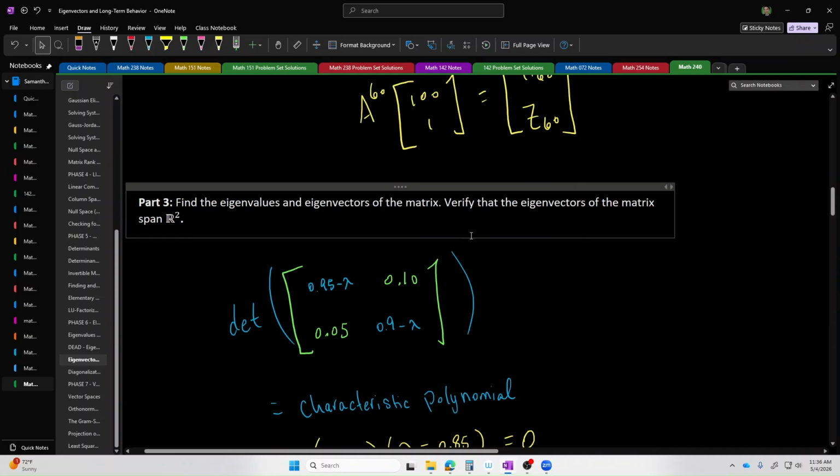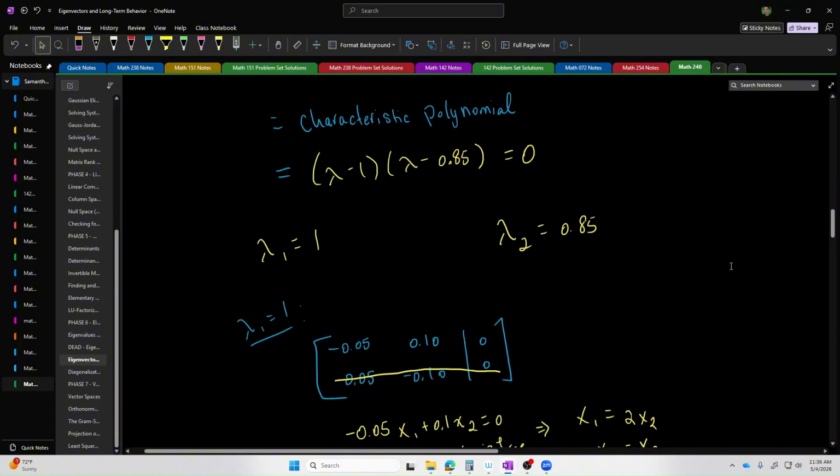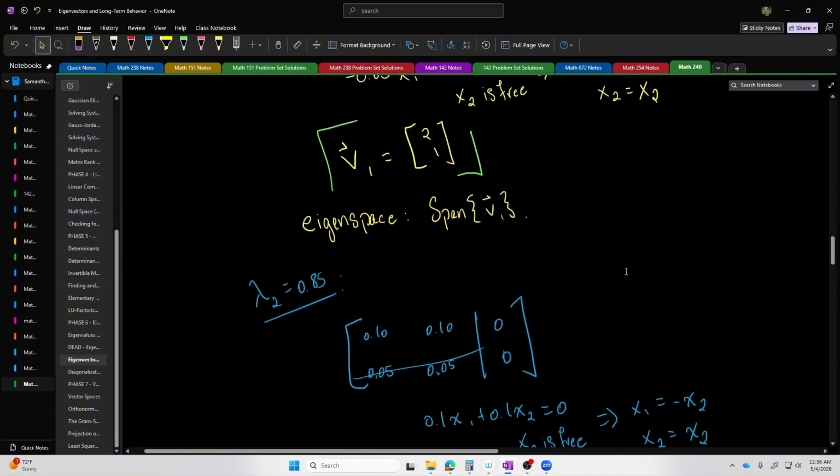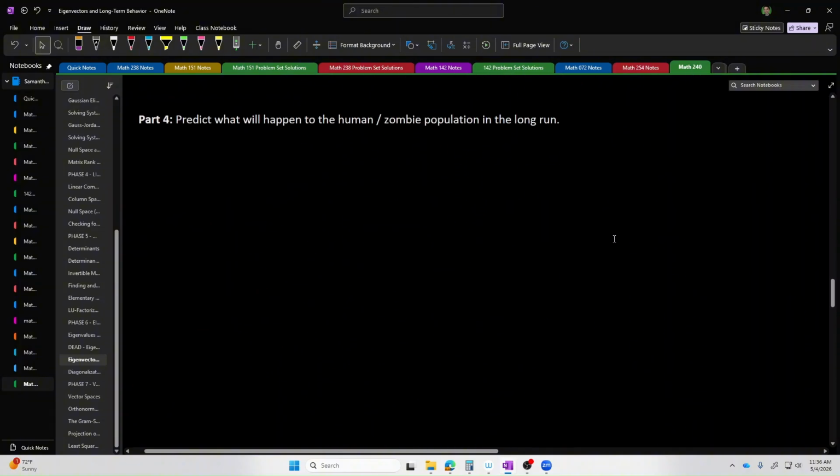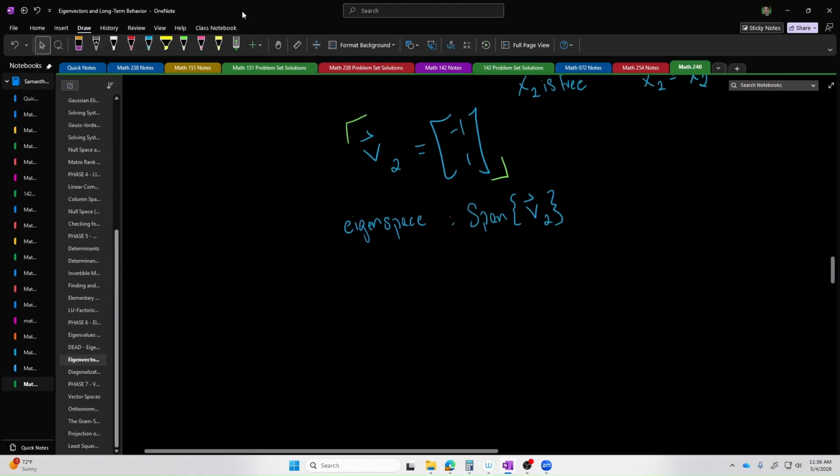Now the question says, verify that these vectors span R2. We already have two vectors, and that bodes well for the vectors spanning two-dimensional space. The only thing we need to make sure of is that none of the vectors are redundant.